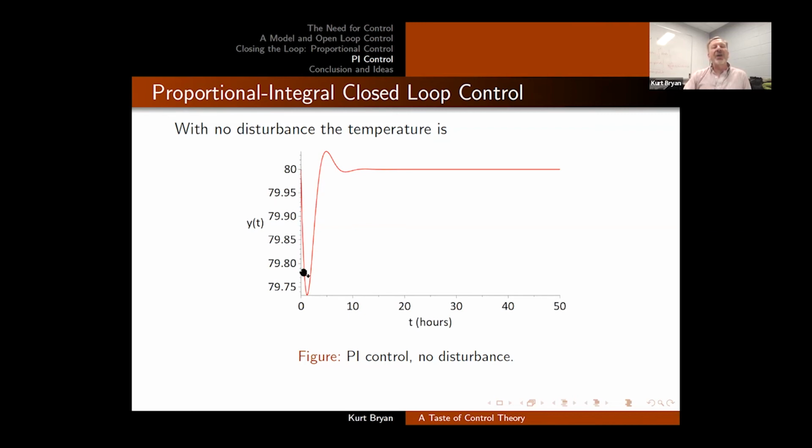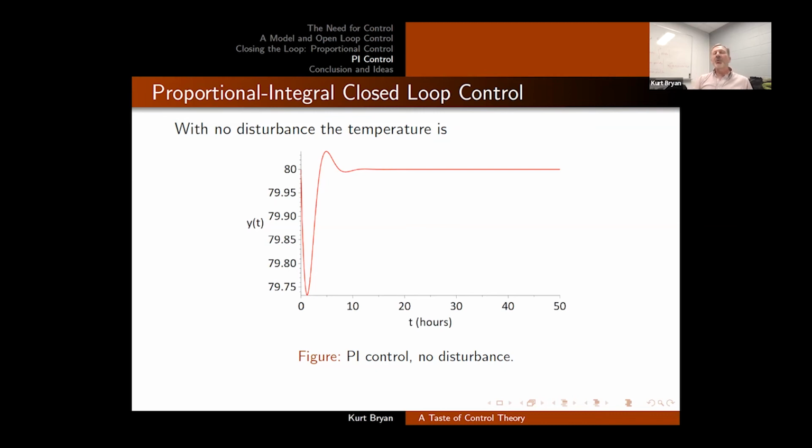So it does begin to drop, but eventually, because the system is running too low for some period of time, the integral part begins to wind up and tells the heater, come on, turn on, and it drives the system back to the desired temperature. Unlike proportional control, which stabilized at 79.5 degrees, the PI control stabilizes at the correct 80 degrees.